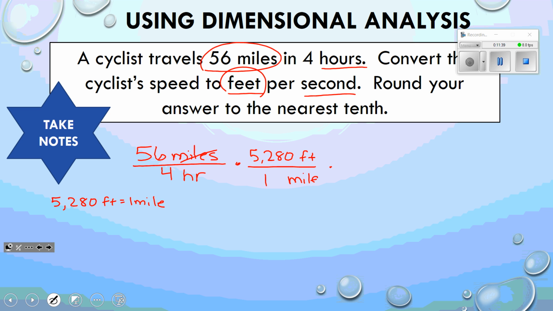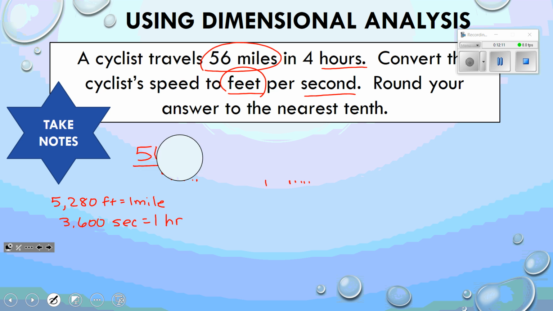Now when we were talking about dimensional analysis a couple of lessons ago, we know that there are 60 seconds in a minute and 60 minutes in an hour, and 60 times 60 is 3,600. So we can use this 3,600 seconds in 1 hour, or you can do the 60 and 60. So let's see here. We have hours on the bottom. So 1 hour has to go on top, and 3,600 seconds goes on the bottom.